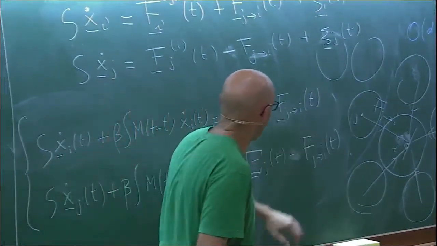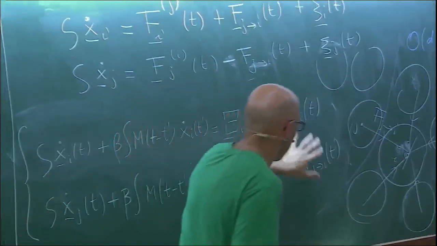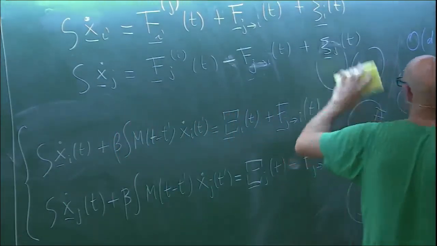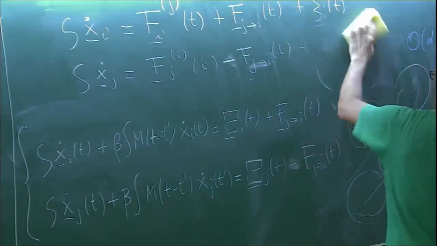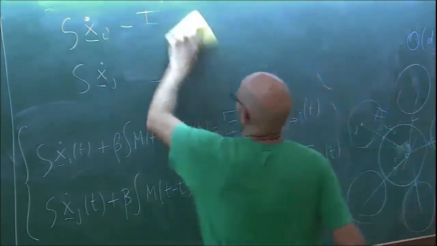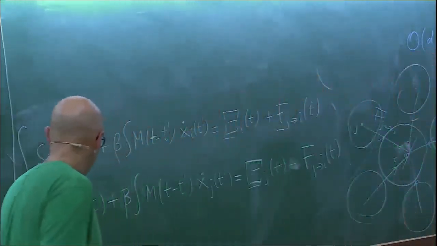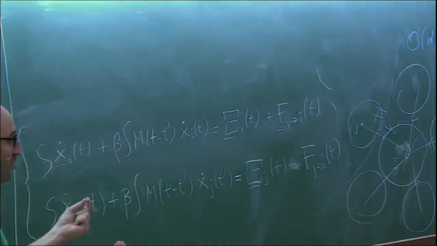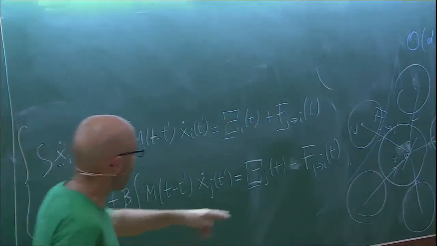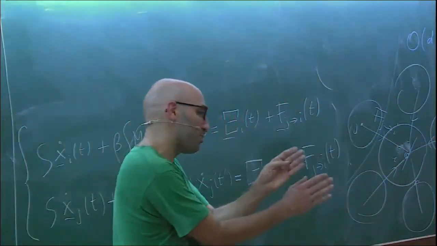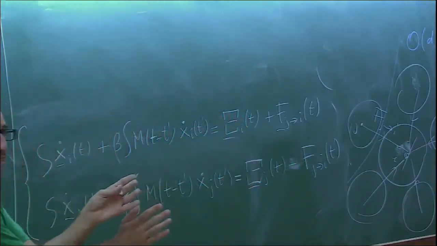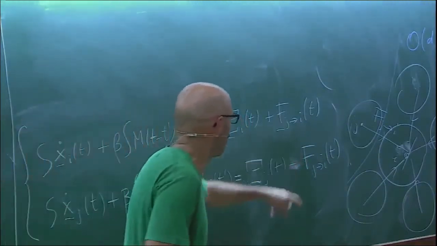And I have this term. If I'm interested in I and J separately, I drop the term. But now I'm interested in the relative motion of I and J. If I consider the relative motion, then this is parallel to this force, so the contributions will be coherent, and I cannot drop it.